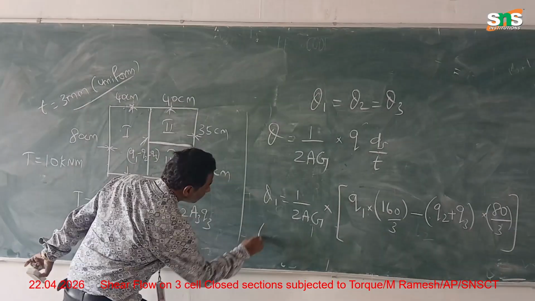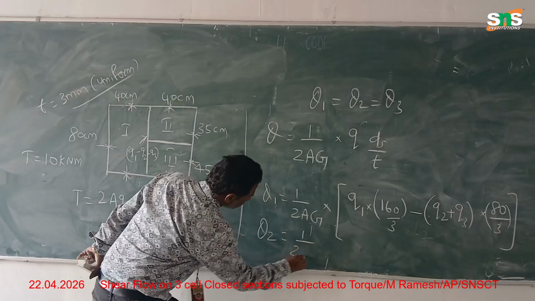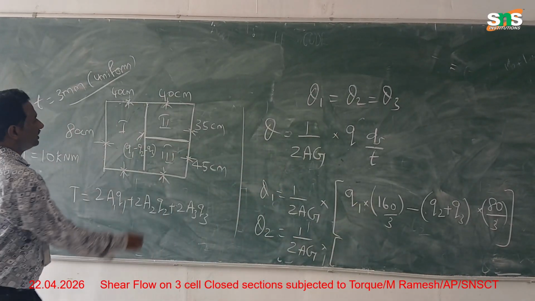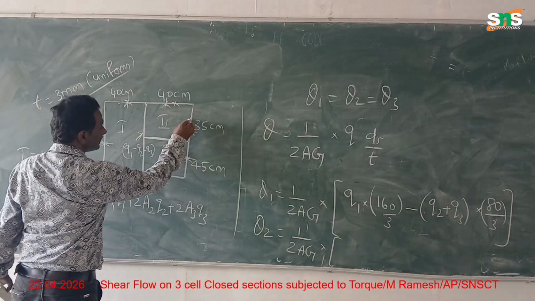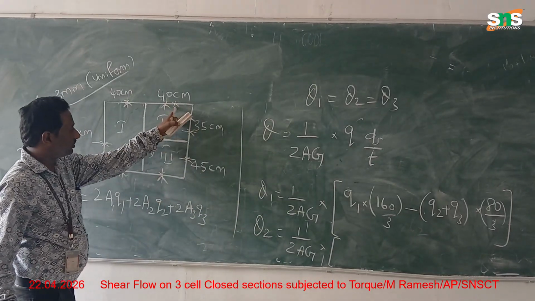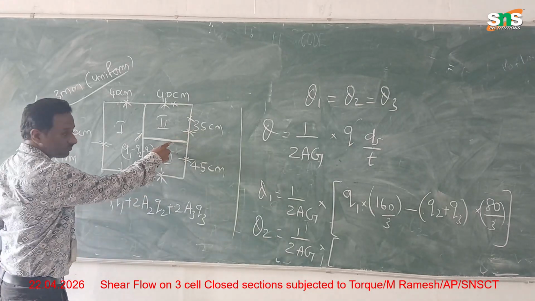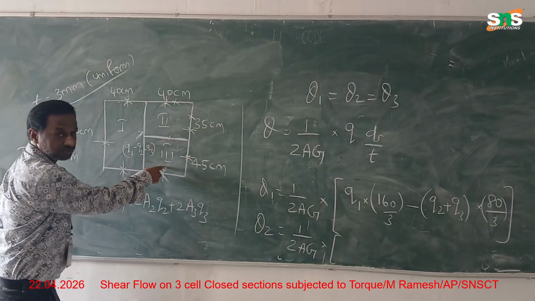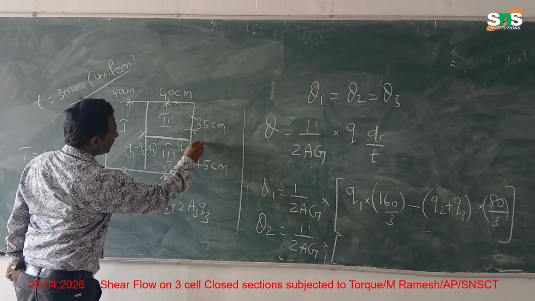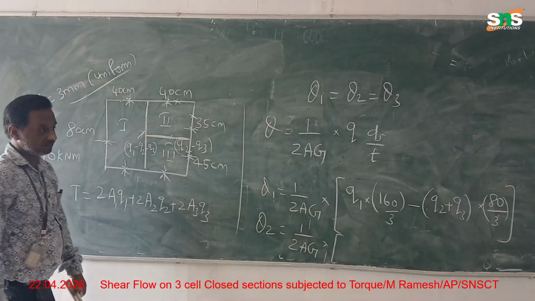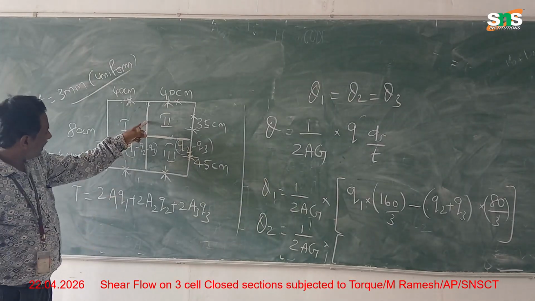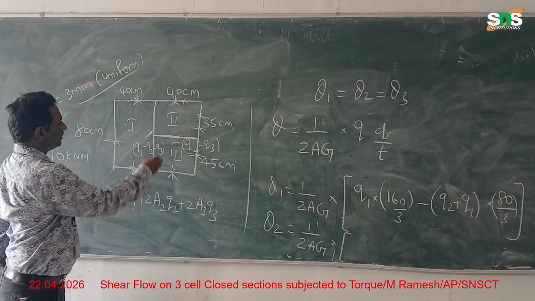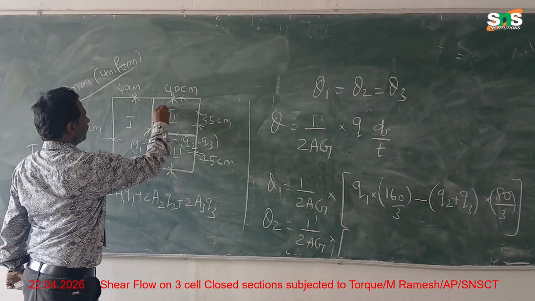Like that you can go for theta 2, the same way, 1 by 2AG into the integral of Q ds by t. Here Q2 is independent, here Q2, here Q2. But here you have Q2 and Q3, so you will have Q2 minus Q3. At this other point, it is Q2 minus Q1.